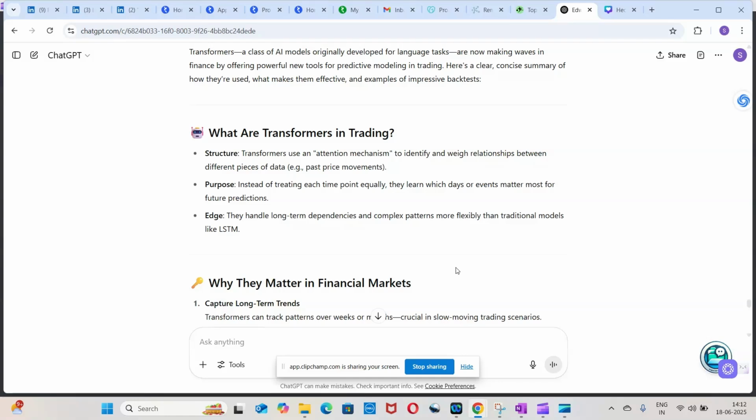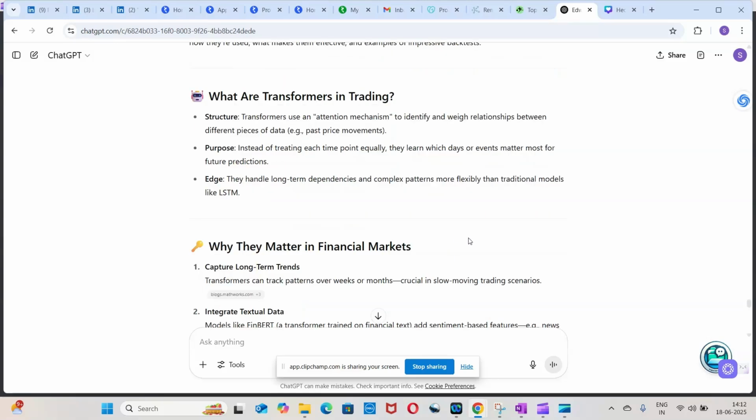It is able to find which data is more important, and that can be used for future predictions. It's also flexible enough to analyze complex patterns, and long-term data as well. That's the reason these transformers are finding use in trading.